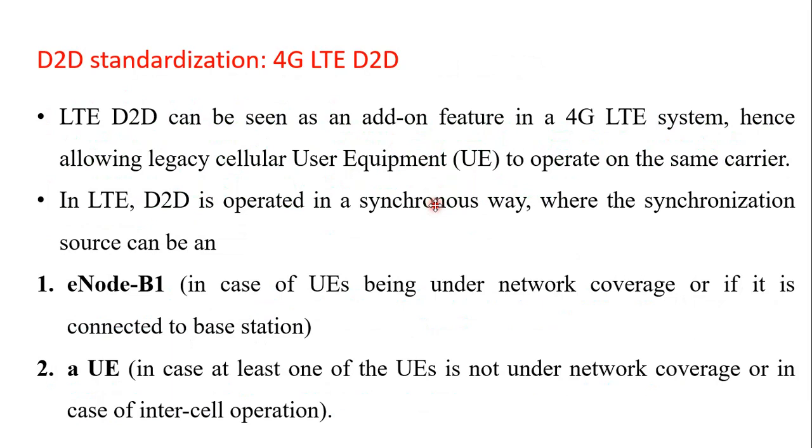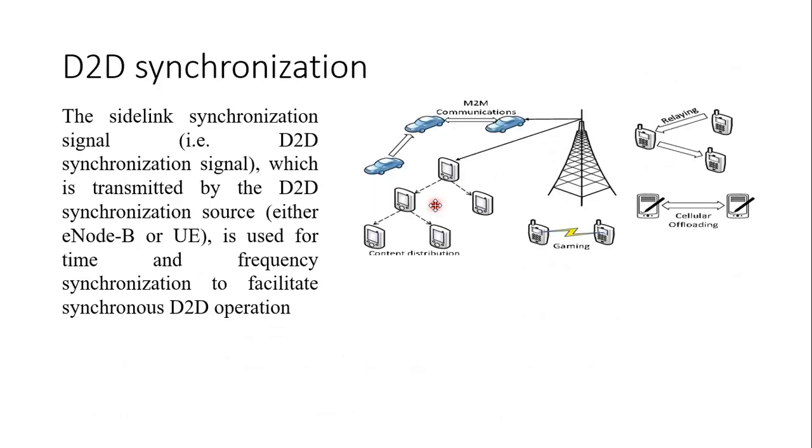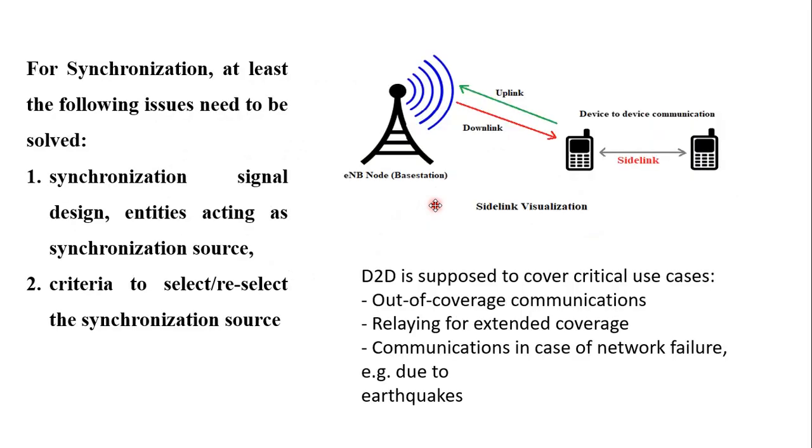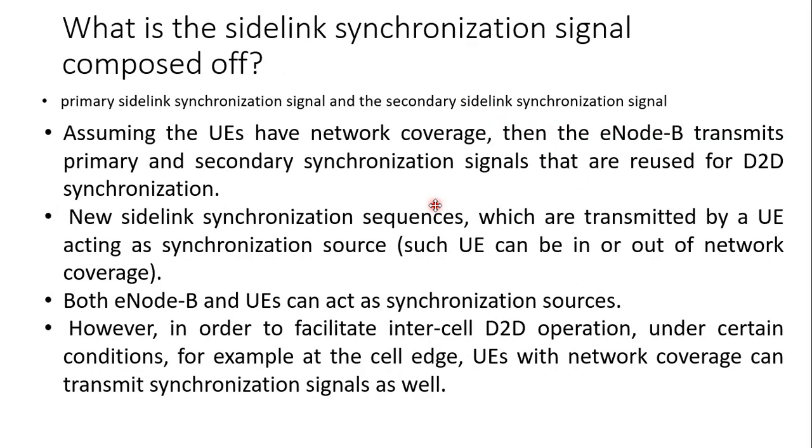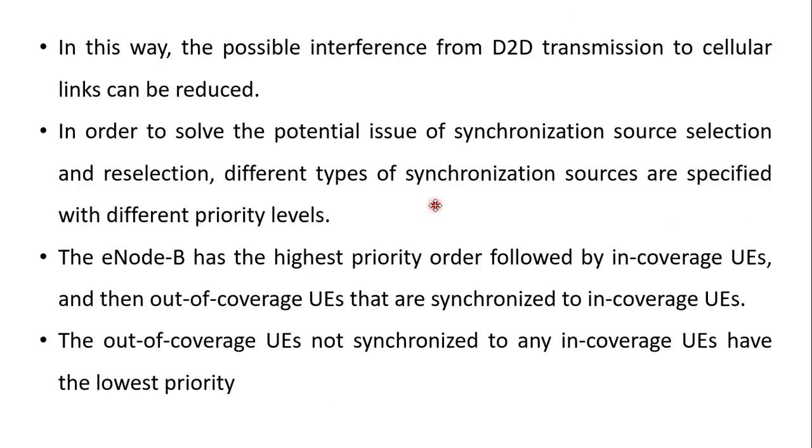First is D2D standardization, that is 4G LTE D2D, and what the two standardization techniques are. The next topic is D2D synchronization, how to synchronize device to device, and then the side link synchronization signal.